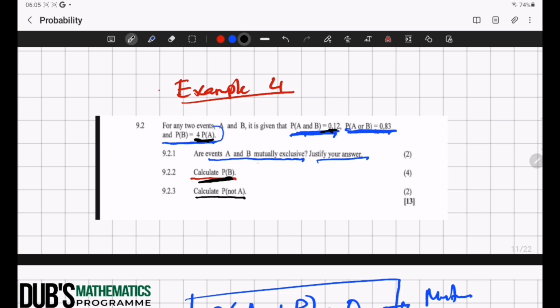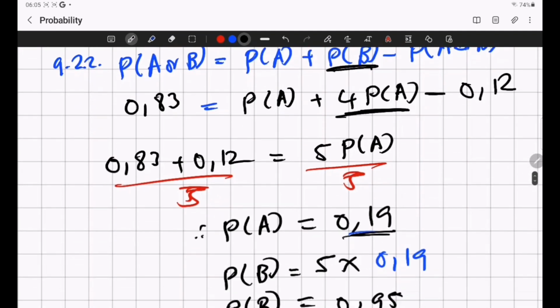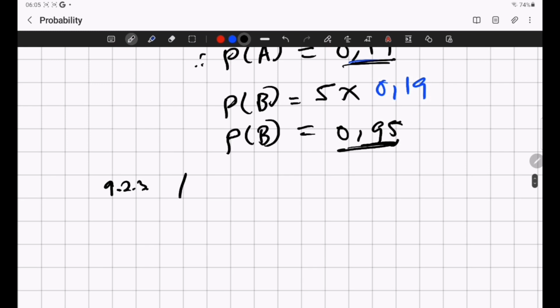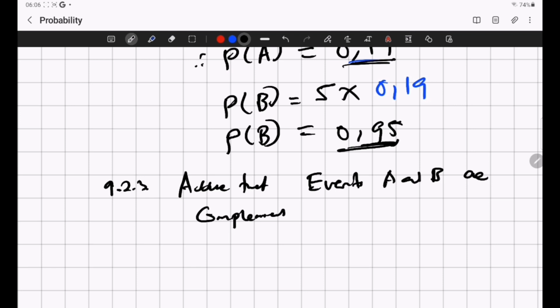Notice they are mutually exclusive, but I'm not sure if they are exhaustive or not. So for me, I would make an assumption that, because A and B are events, A and B are complementary, and it means that they are mutually exclusive and exhaustive.